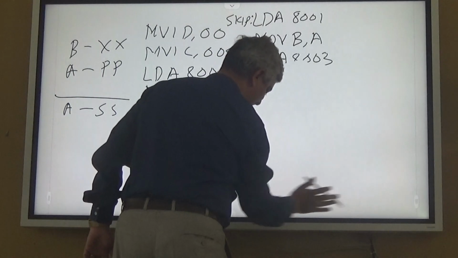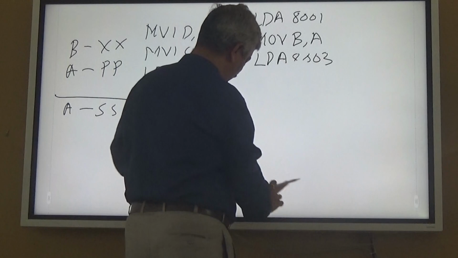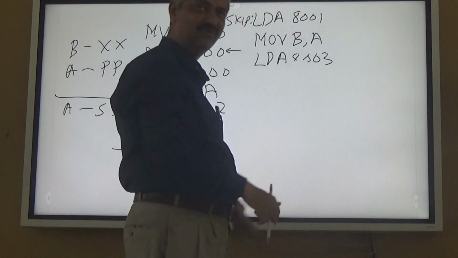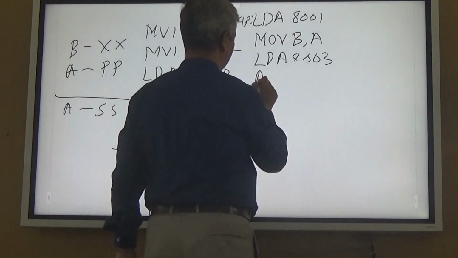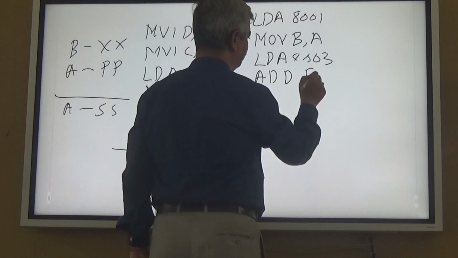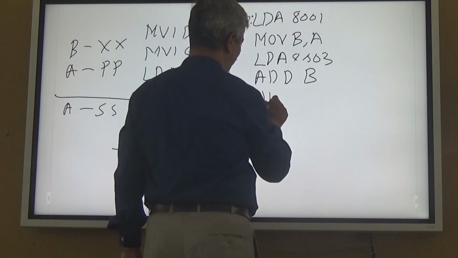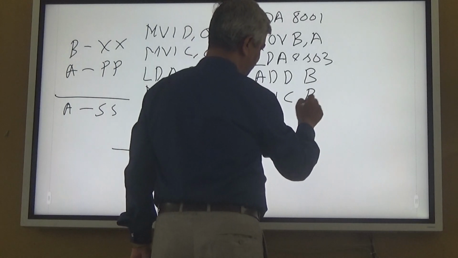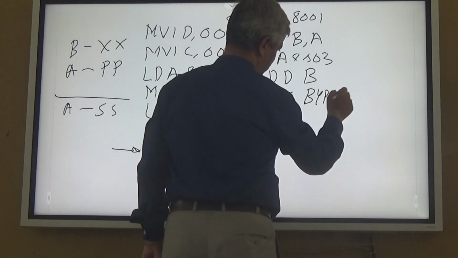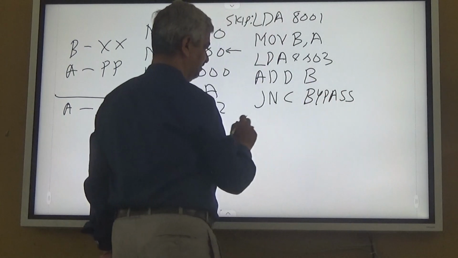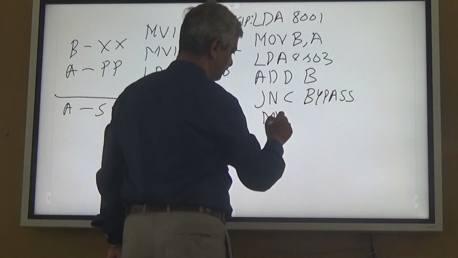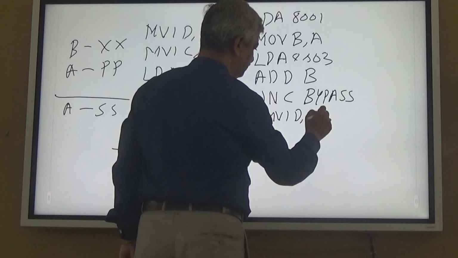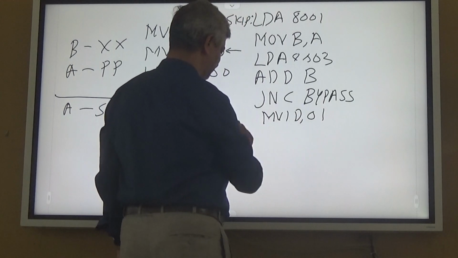Now I write directly because we don't have time to develop the answer and proceed. So here we have ADD B. Then we write jump on no carry. We can write some bypass. Here we make MVI D, 0. Here is bypass.